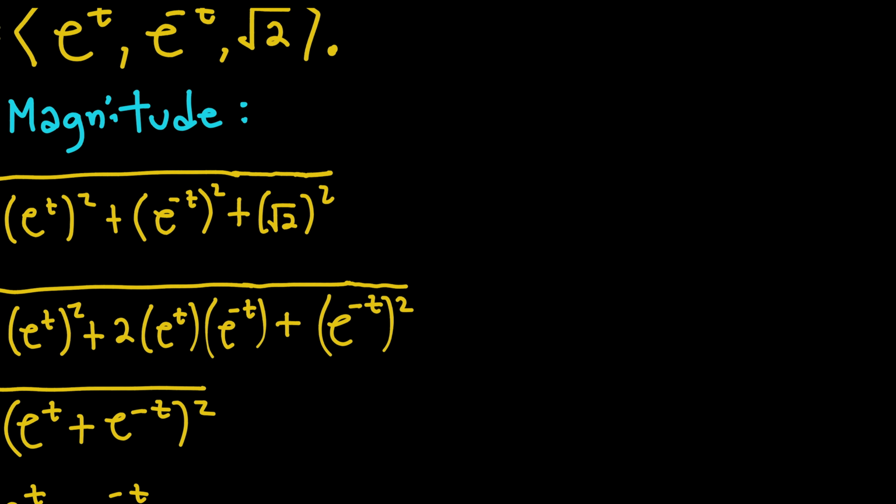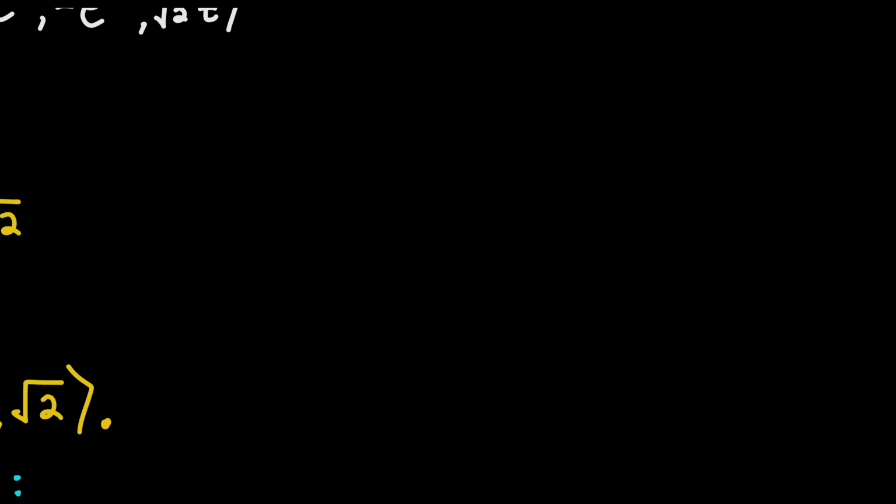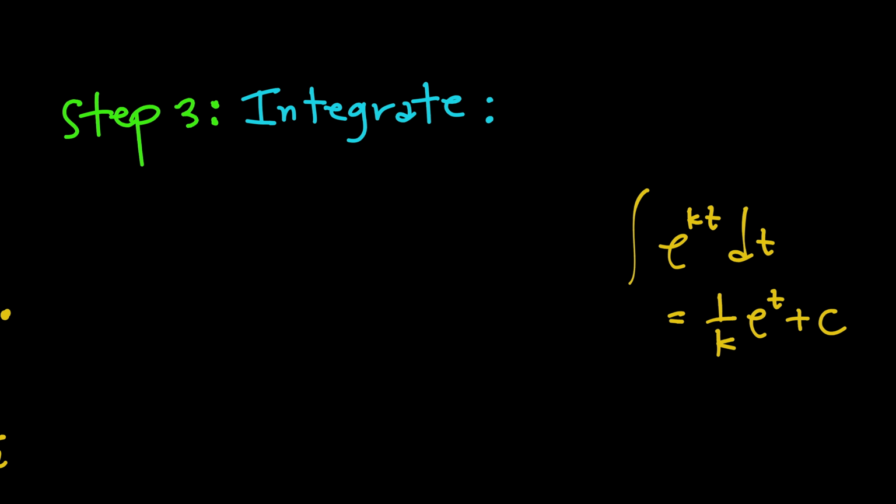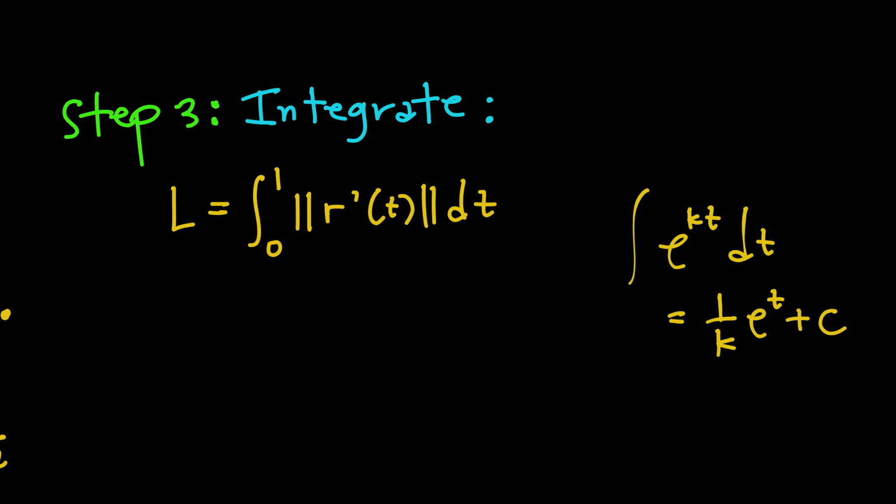For step 3, we have to integrate. We may note that the integral of e raised to kt dt is equal to this one. Since we will integrate e raised to negative t, this one will have k equals negative 1 in the later part of our solution. Now, for the length of arc, we have the integral from 0 to 1 of the magnitude of r prime of t dt.